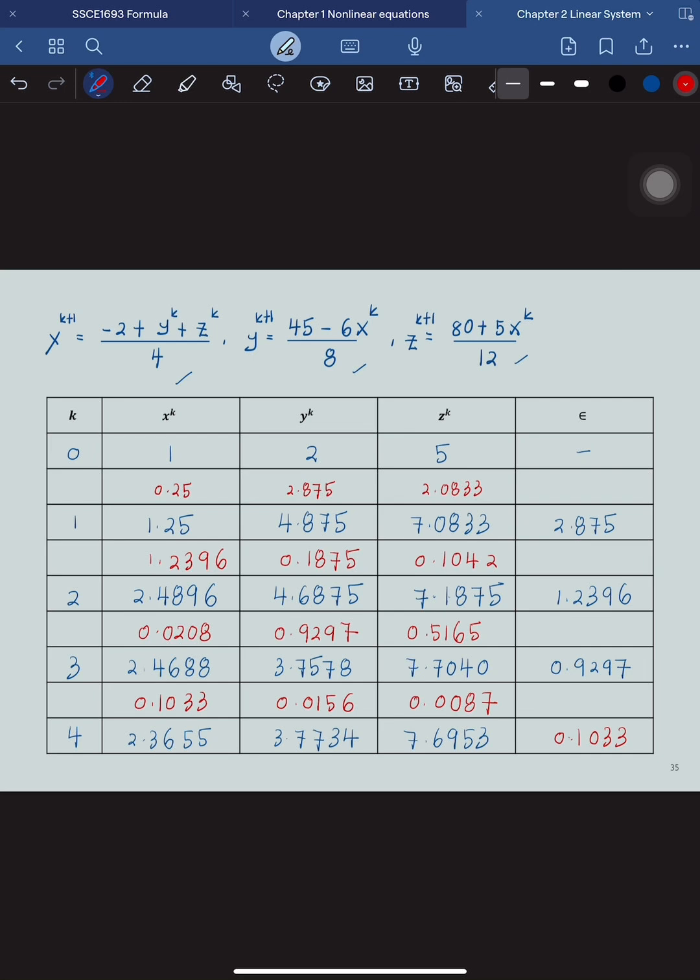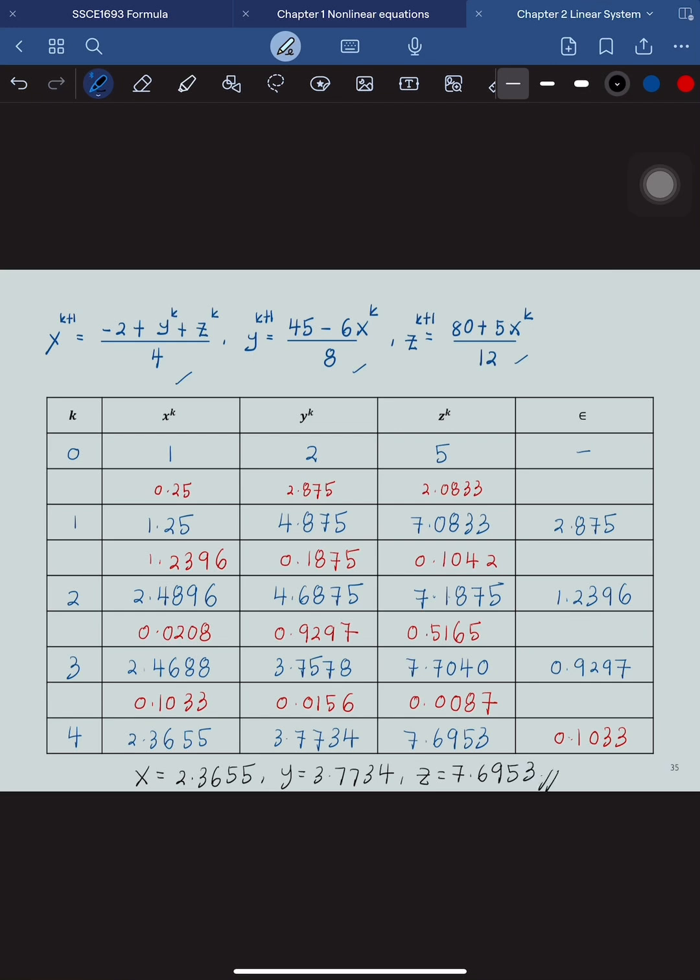So you have to stop, which means the answer is x equal to 2.3655, y equal to 3.7734, and z equal to 7.6953.